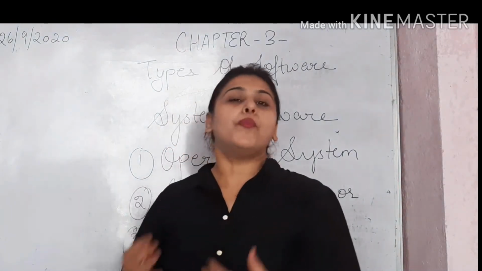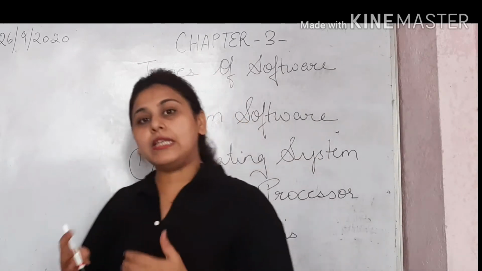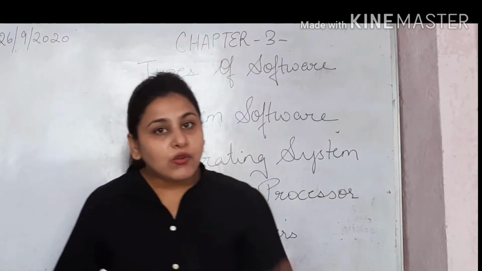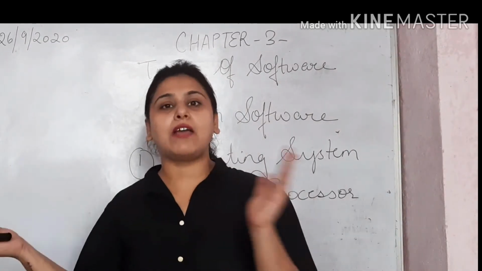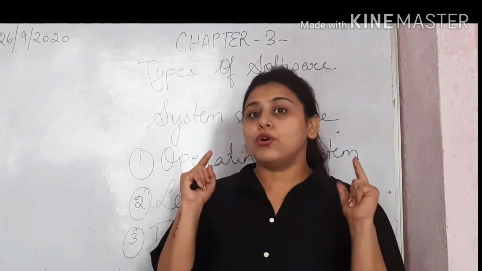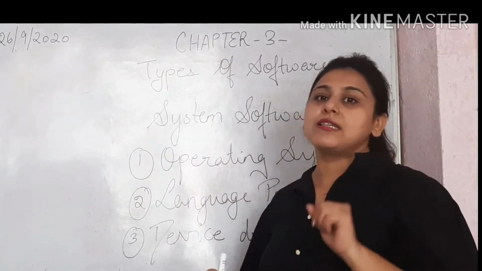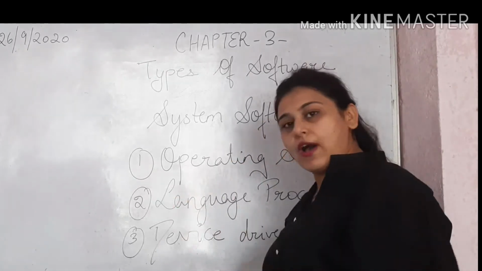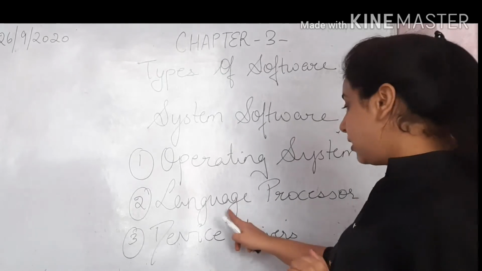So I said that the operating system acts as a mediator, but you need certain software for converting English into machine language and machine language into the form that the user understands, that is English language. So it is the work of a language processor to do this conversion, a conversion of high level language to machine language and machine language to high level language.